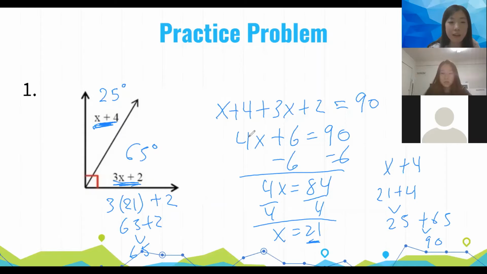And that's how you know that x equals 21 is correct, because they add up to 90 degrees. Can I clear everything? Because I'm going to move on to the next question.